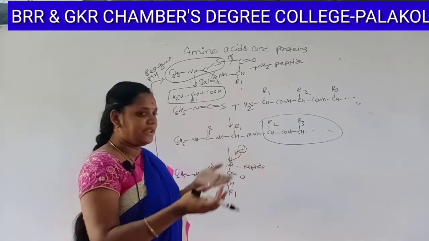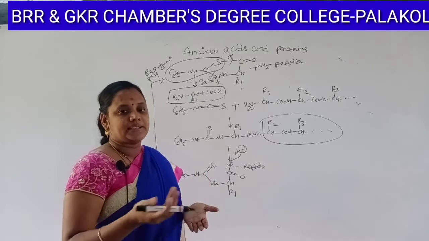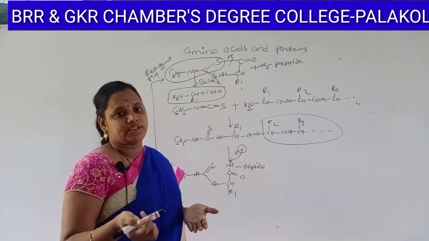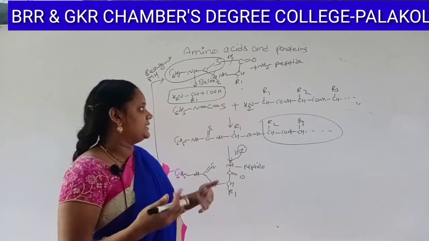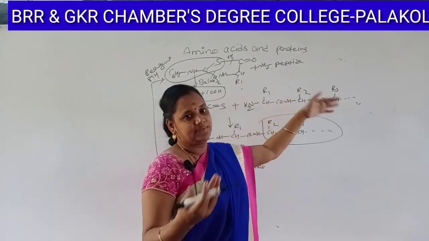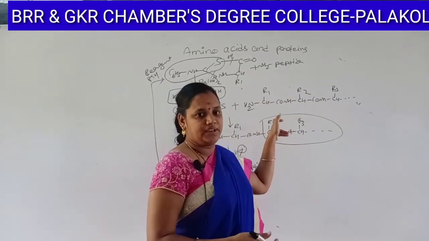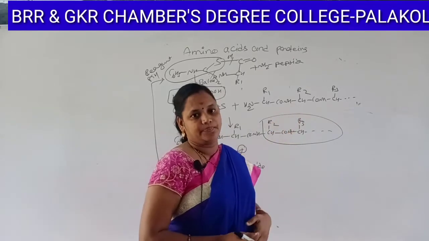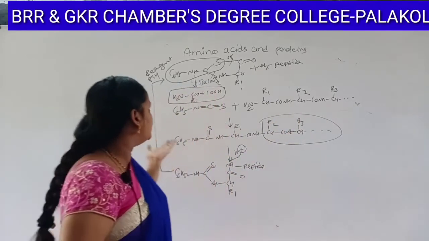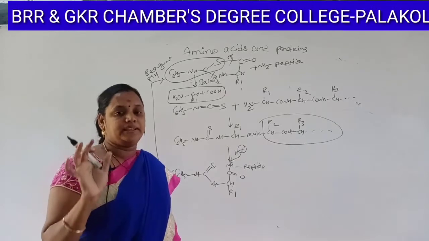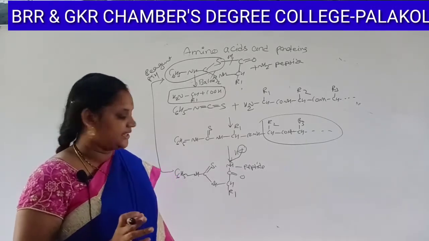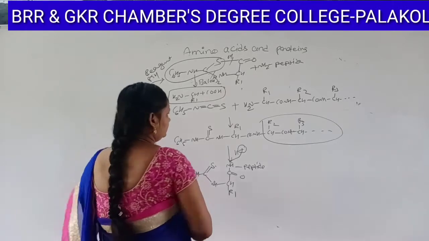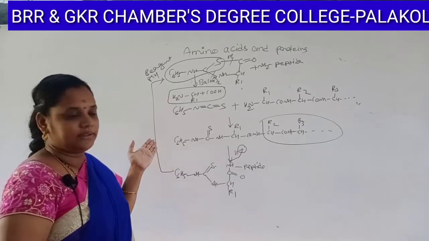If you are given a peptide chain and asked to write the combination of amino acids, if you follow this method you can say that it is prepared from glycine, alanine, valine, or from phenylalanine, valine, leucine, like that. Okay students, this is about Edman's method of degradation of a polypeptide chain. Understood students? Have you made a note of it? Okay.